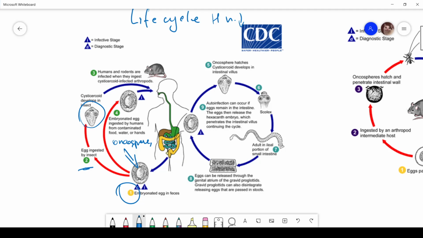The oncospheres penetrate the intestinal villus and develop into cysticercoid larva.